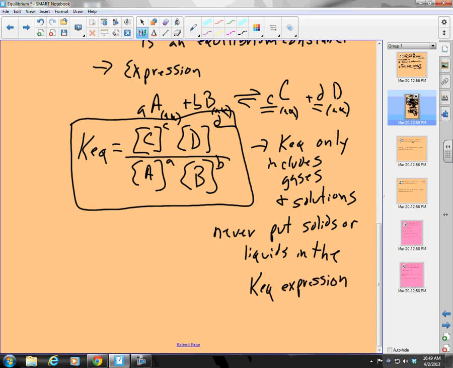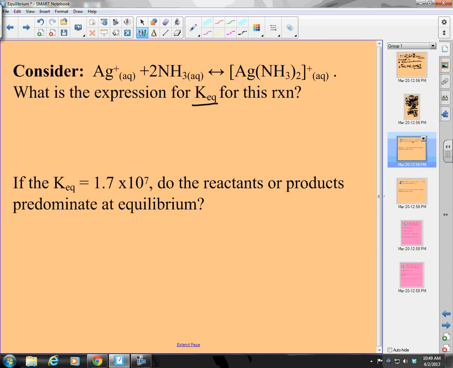Cool. All right, so KEQ is equal to the concentration of my products raised to their coefficients in the balanced equation over the concentration of the reactants raised to their coefficients. All right? Good. So let us try to figure this out.